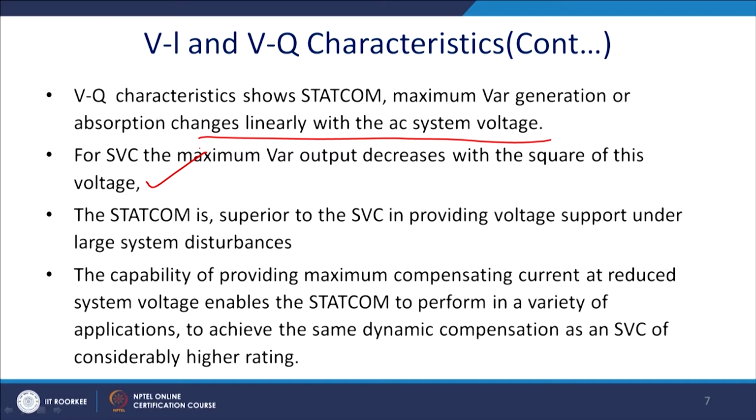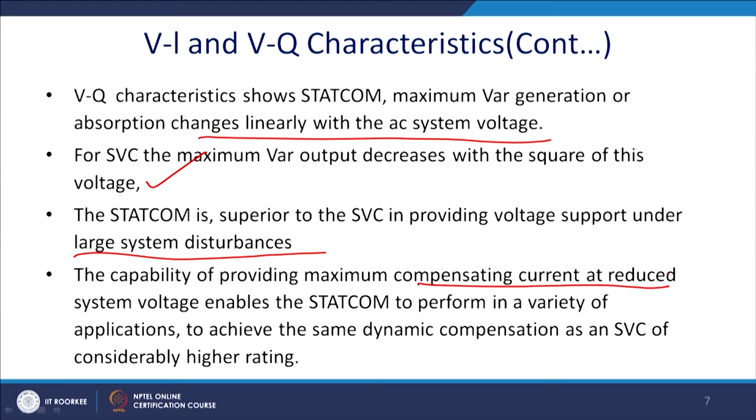So, we can say STATCOM is superior to SVC in providing voltage support under large disturbances. If there is a voltage fluctuation of 20%, the SVC will be derated by 40%, but the derating of the STATCOM will be only 20%.